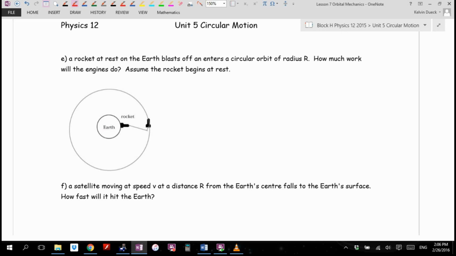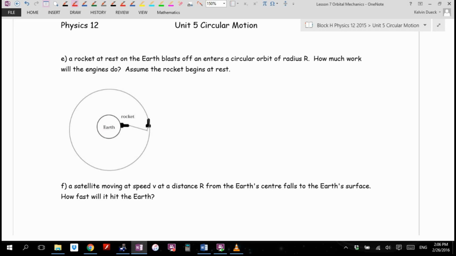Clay, looking at E without Spencer helping you, are we launching the rocket straight up and having it fall back down, or are we putting it into orbit? I'm going to ask you the same question, just phrased differently. Do we want the rocket to have some kinetic energy, or do we want the rocket to have no kinetic energy?